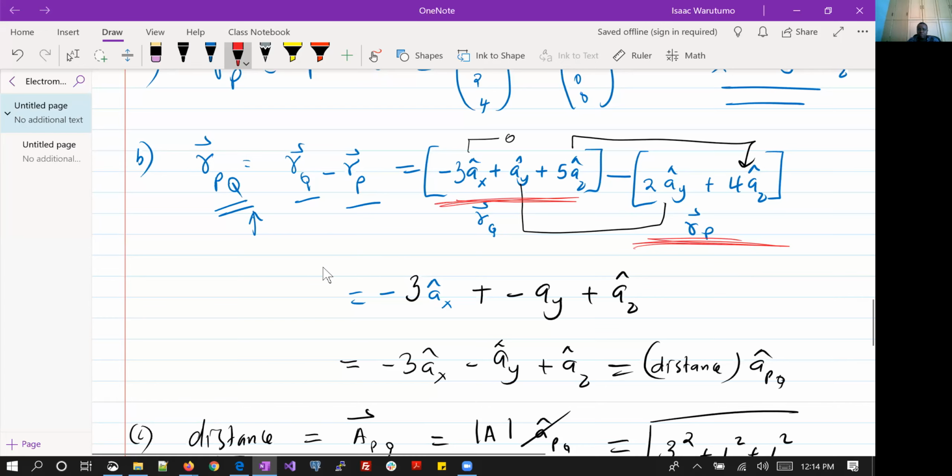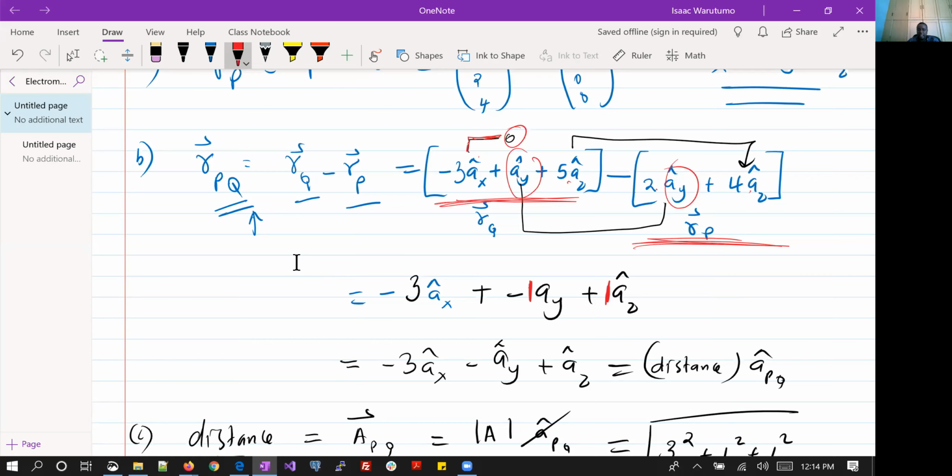That is just pure subtraction. The only thing you have to be concerned about is that you match the unit vectors. This doesn't have AX, and therefore you minus 0. Then AY you match with the AY, so 1 minus 2 becomes minus 1 there, and 5 minus 4 becomes 1.